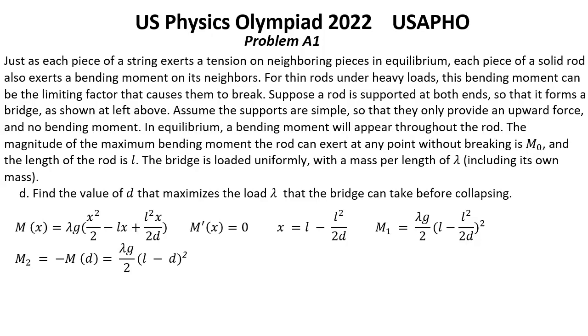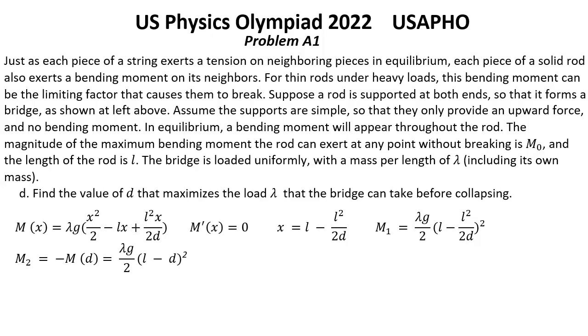As we move the right support closer to the center, the middle of the bridge becomes more stable, since m1 decreases. At the same time, m2 increases, because more of the bridge is hanging off the edge of the right support. The bridge will not collapse as long as both of these quantities, m1 and m2, are less than m0.